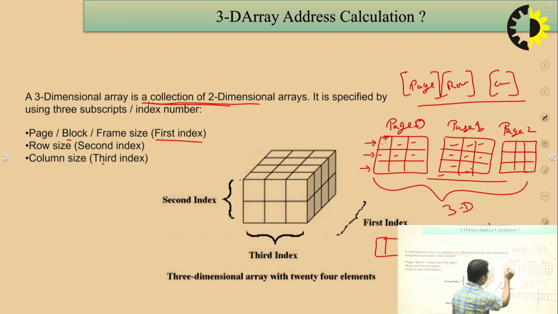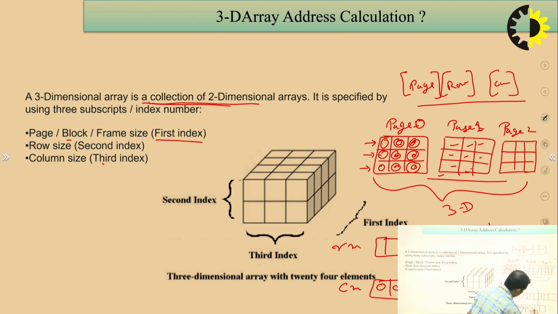In row major it is row by row, and in column major all the elements of the first column are stored first, here, then the elements of this and this are stored here in continuation, the elements of this and this are stored here, and then the third column elements are stored here in continuation, just like this one here.